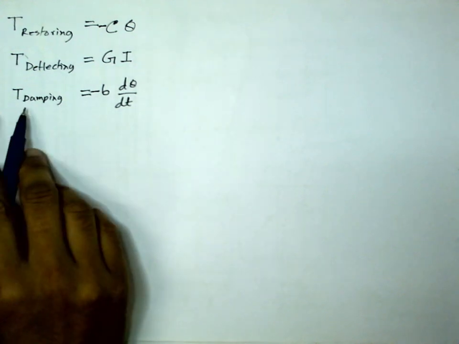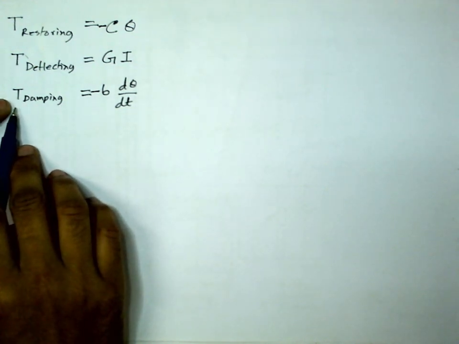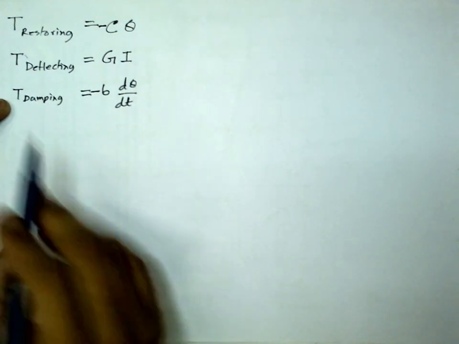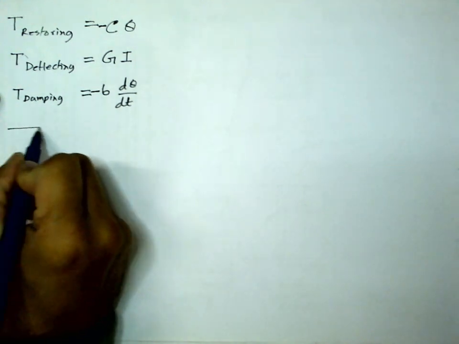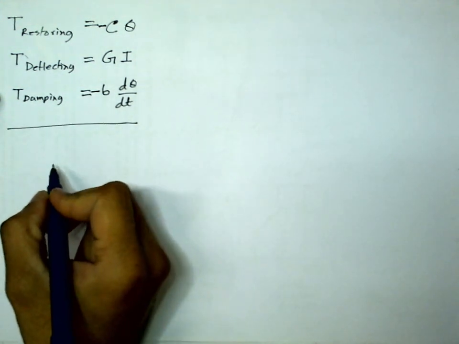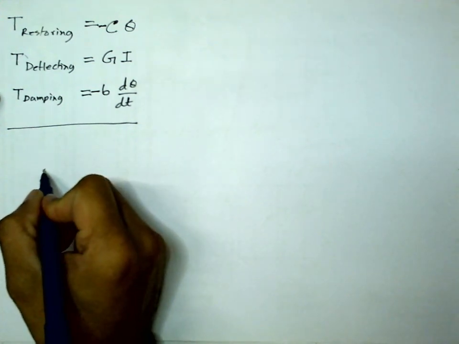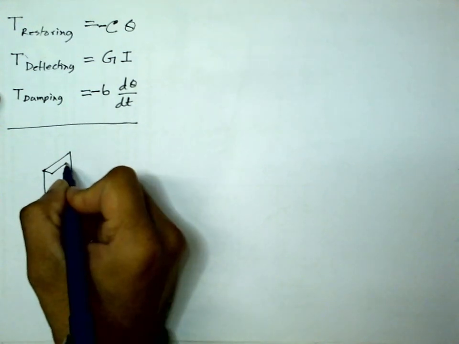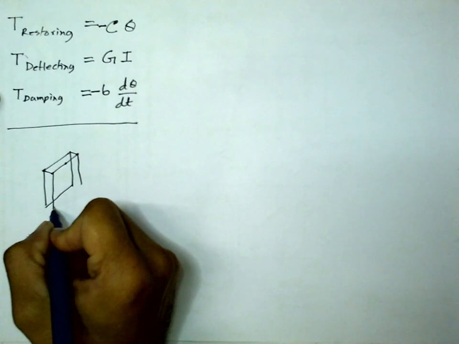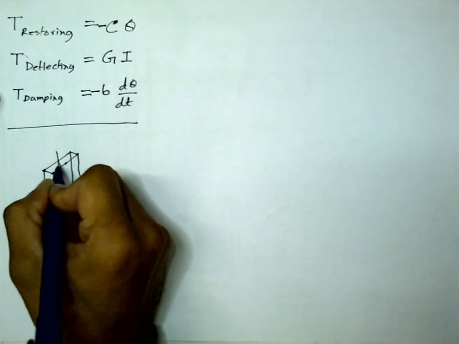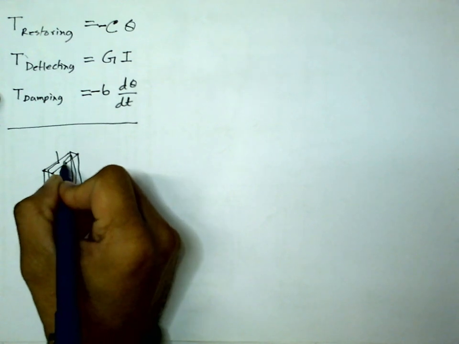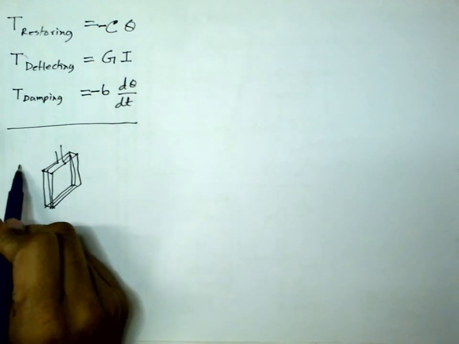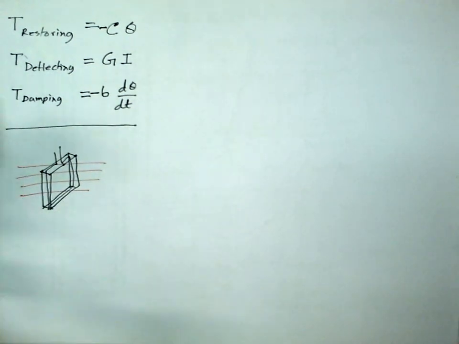Now let us find the value of T damping when we are using eddy current damping. Let me draw the schematic of the instrument very quickly. This is my coil. The coil is wound around this former, and we have flux lines passing through the coil.